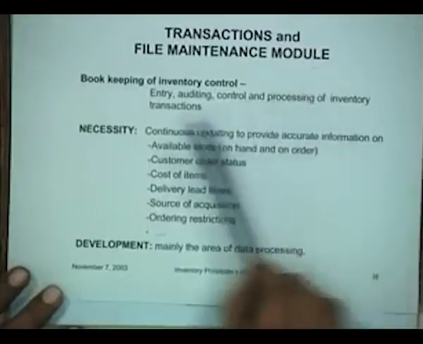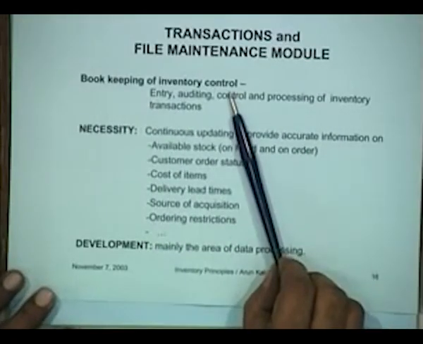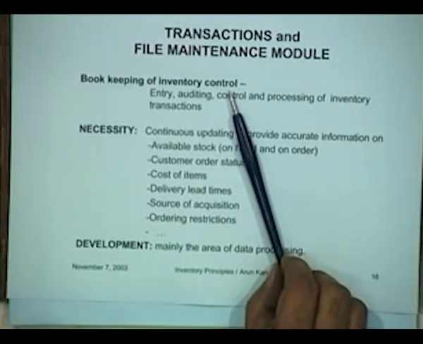The transactions and file maintenance module is basically bookkeeping of inventory control. If some items are issued and some other items are received, you must know exactly what transactions have taken place and what the status of inventories is. That can be done in a computerized system very easily. This is like maintenance of your bank account.